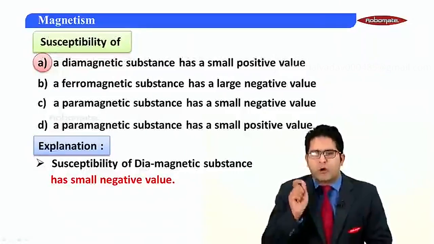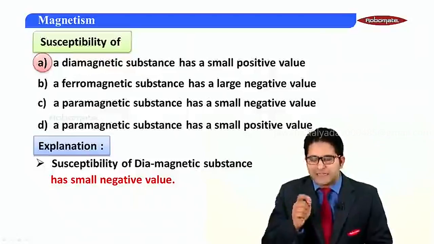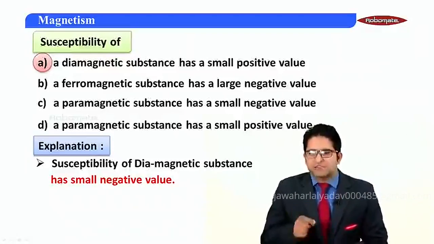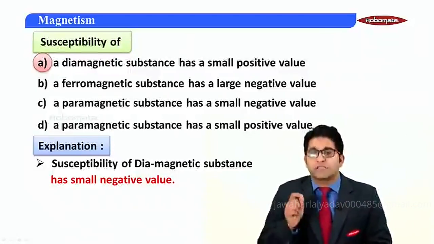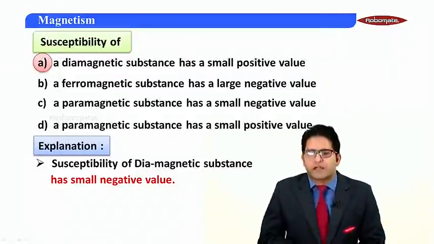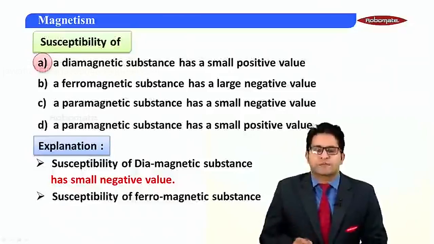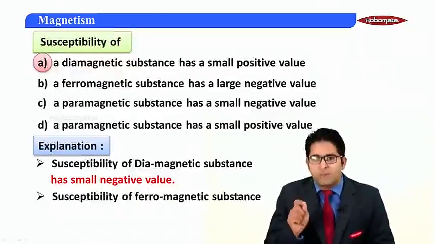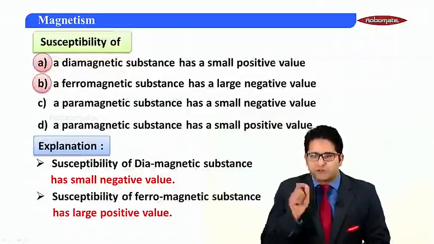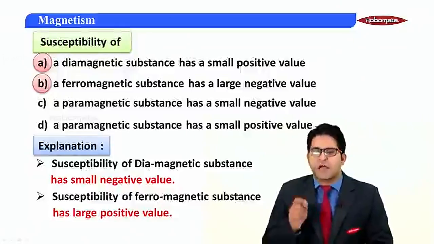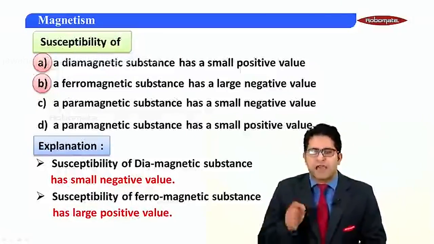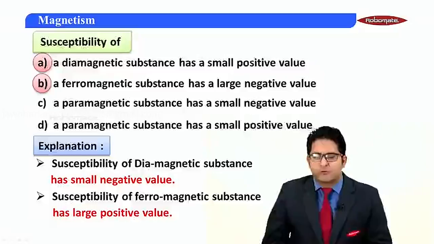So option A is incorrect. We also know that the susceptibility of a ferromagnetic substance has a large but positive value. Option B says a ferromagnetic substance has a large negative value, which is incorrect.